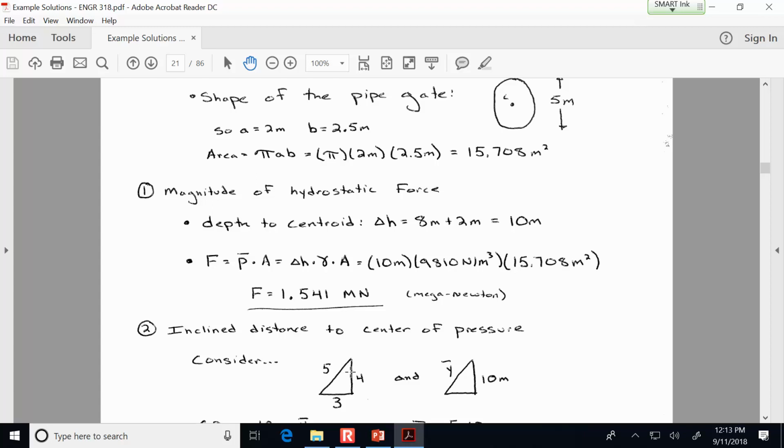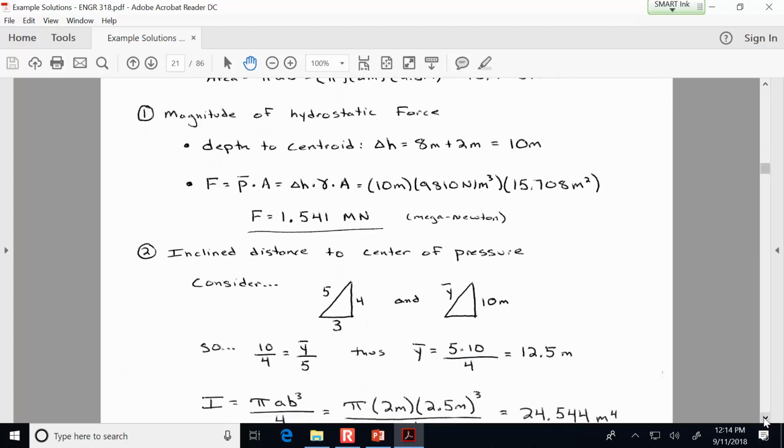So that same angle defines the distance delta y, because the 10 meters was delta h, and the definition of y bar is the inclined distance from the centroid to the water surface. So if 10 meters is the vertical distance and y bar is the inclined distance, then 10 is to 4 in that triangle as y bar is to 5.